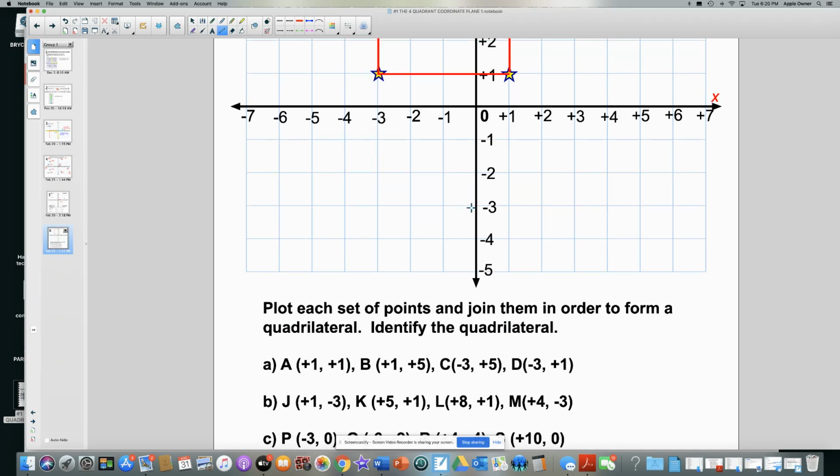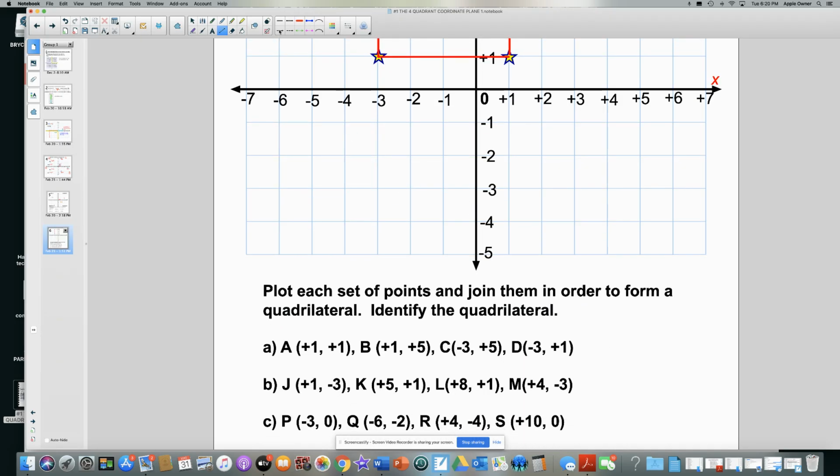Okay, and if I look at the next one, we'll use something different this time. Why don't we go with smileys this time? And we have +1, -3, so we're going to come here. That'll be J. K is +5, +1. L is +8, -1, +1.